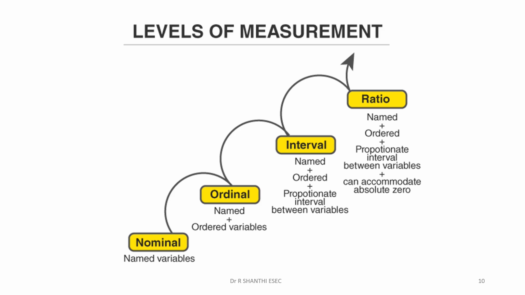So now let us move on to the next level of data, which is interval data. Now what is interval data? Interval data is nothing but it will have a named variable, the variables are ordered, and the ordered data is having equal proportion between them.